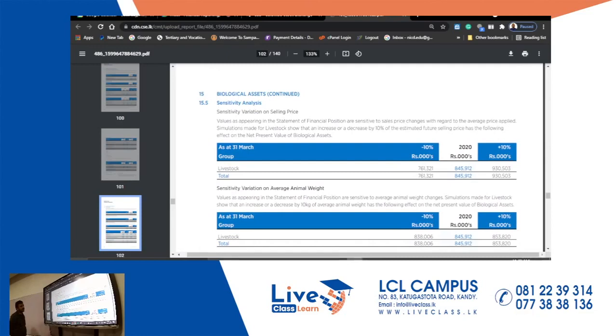Sensitivity variation on the selling price. Values as appearing in the statement of financial position are sensitive to sale price changes with regard to the average price applied.